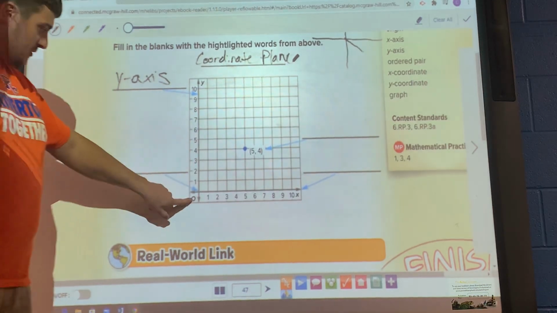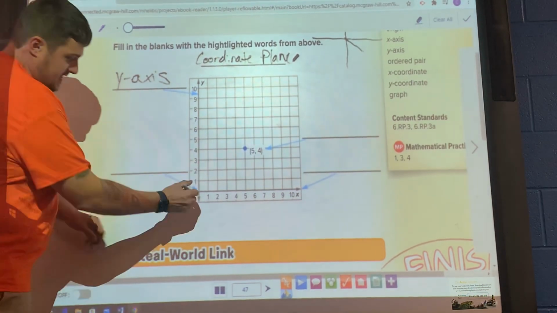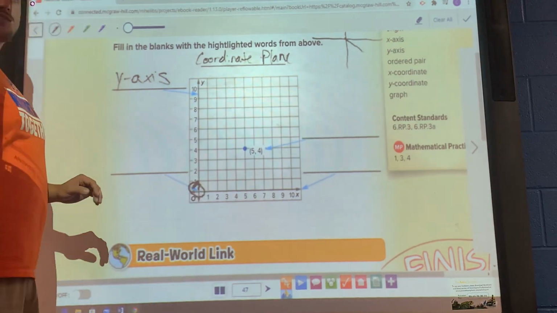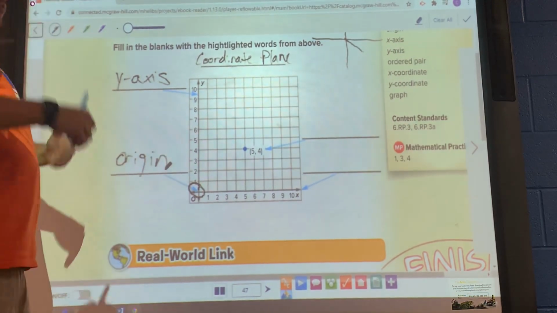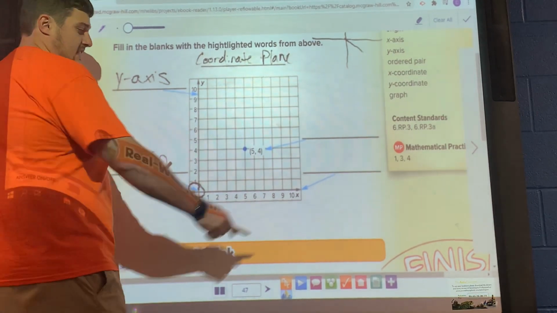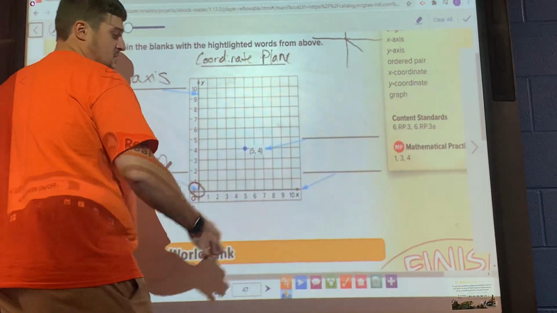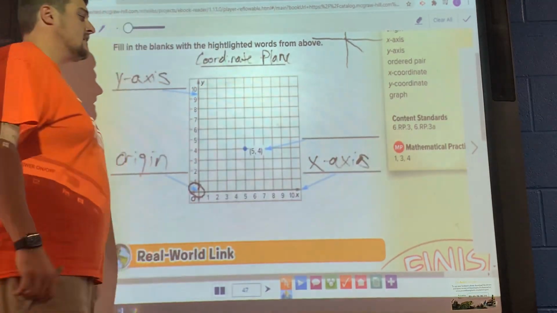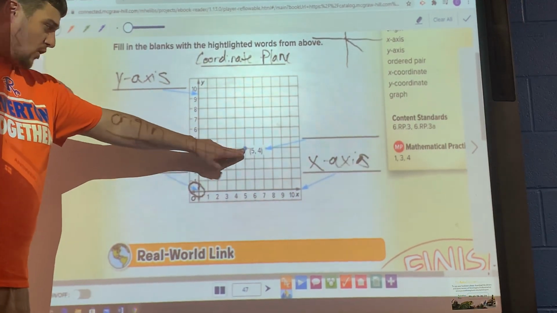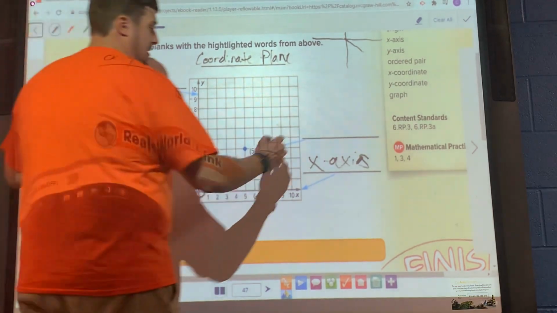This point right here, where they intersect, is called the origin. Basically where it begins. And then this horizontal one going left to right, that's the x-axis. And this right here, our point on our graph, is called an ordered pair.